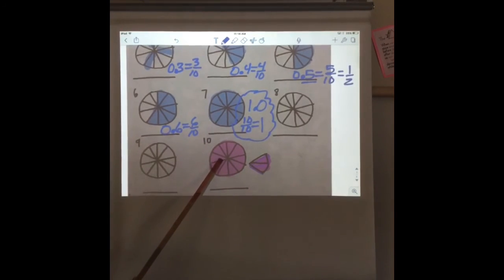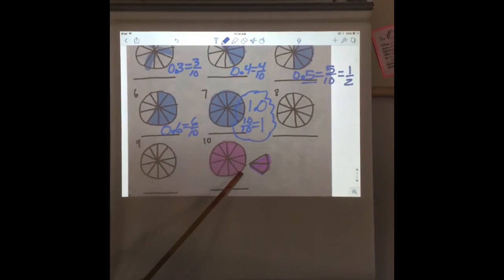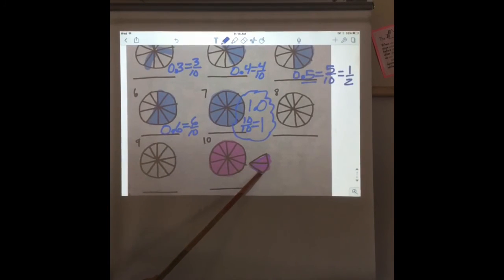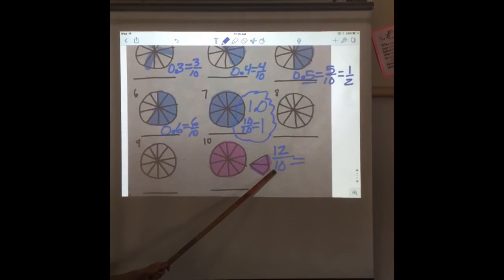Now, what's this? Ooh. How many do I have shaded in? I have 10 plus 2, right? So I've got 12 of them. Out of how many is it cut up into? 10. Wow. This number is bigger than the bottom number, isn't it? Yes.